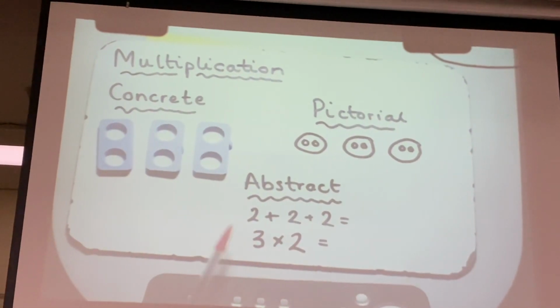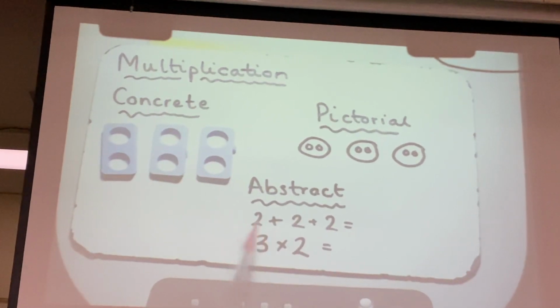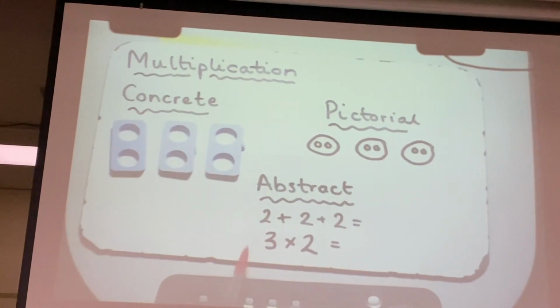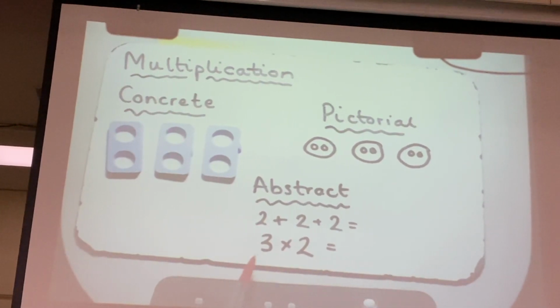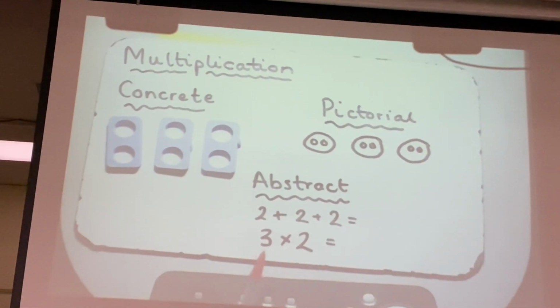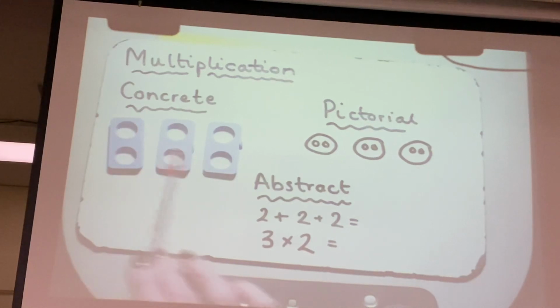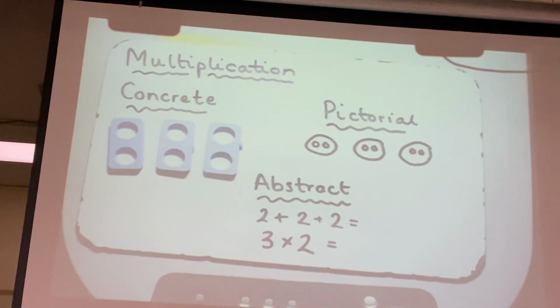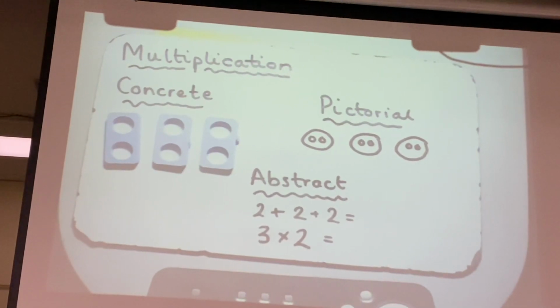The abstract shows the number sentences of repeated addition, 2 plus 2 plus 2, and then leading on to the actual multiplication symbol, 3 lots of 2, which you can see when you now have 2, 4, 6. That is more or less multiplication for year 1.